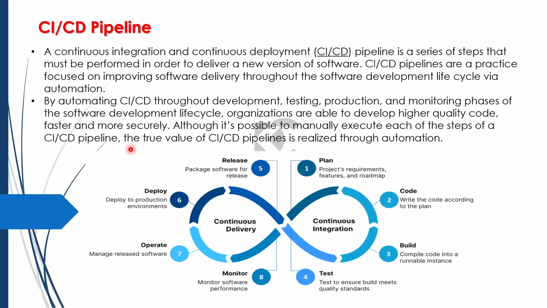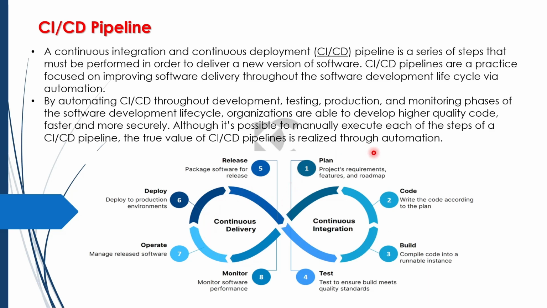The true value of CI/CD pipelines is realized only through automation. I am hoping you are clear with the CI/CD pipeline, how it is used in DevOps, and all the phases we have seen here.